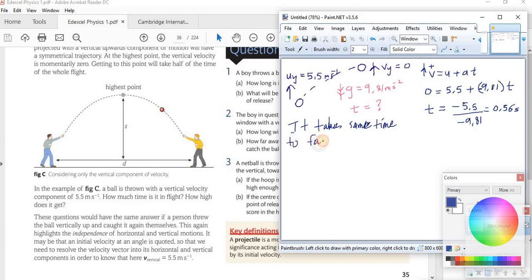Therefore, the total time is this times 2. 0.56 times 2 is equal to 1.12, so 1.1 seconds.